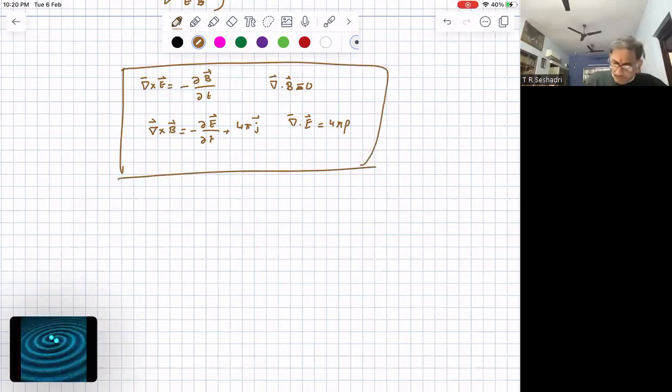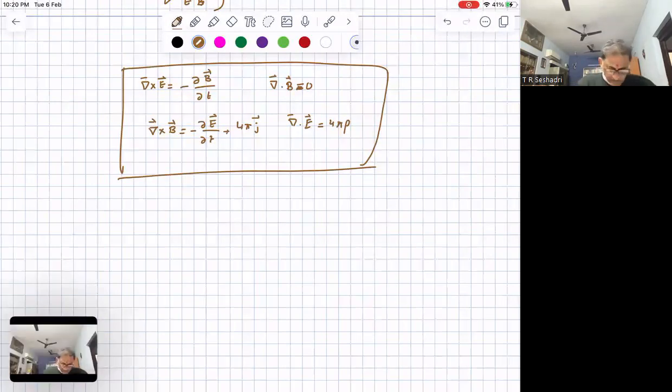This is in Gaussian units. I'm following Landau. Landau uses these units. So yes, that's correct.